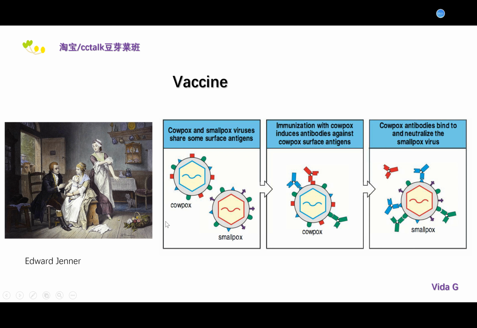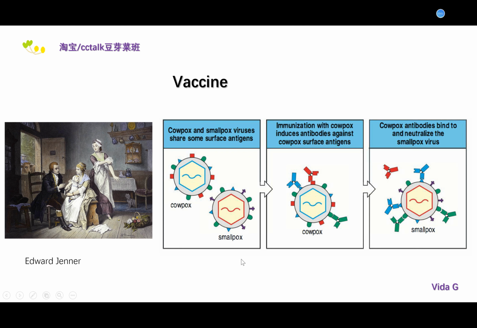For example, in this diagram, the epitopes on the cowpox, like the blue one and green one, are also on the smallpox virus, which means when we develop the antibodies specific to the cowpox, especially the antibodies that bind to the green epitopes and blue epitopes, they will also be able to bind the green and blue epitopes on the smallpox.